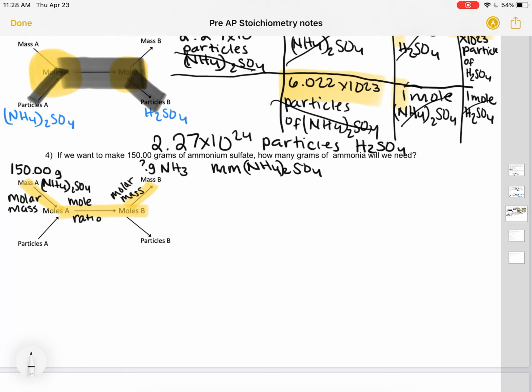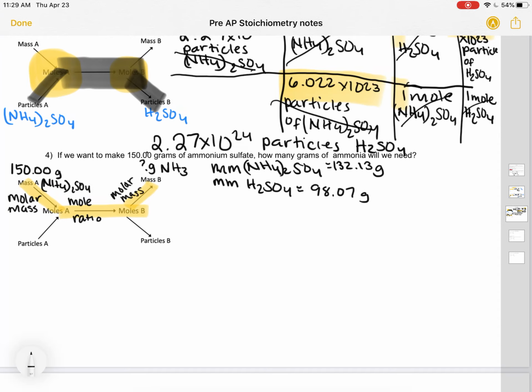Here we go. We've got 132.13 grams. Okay, and the molar mass of H2SO4 is 98.07 grams.